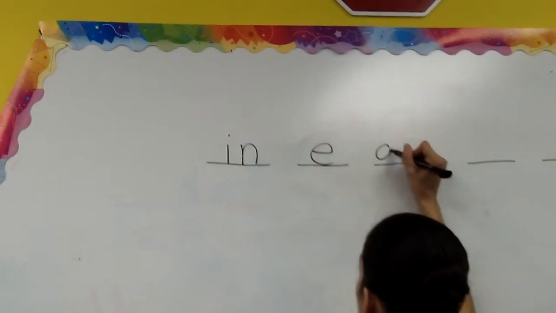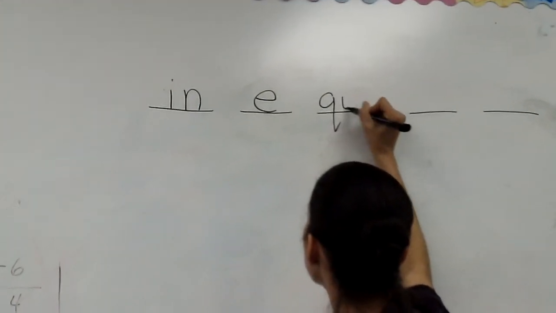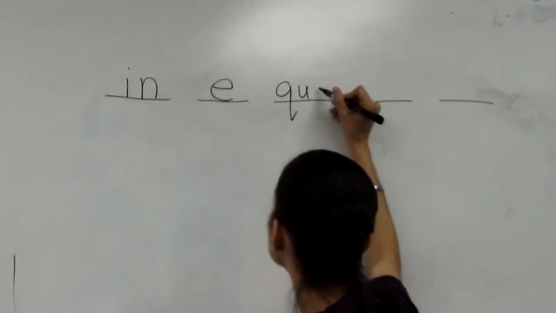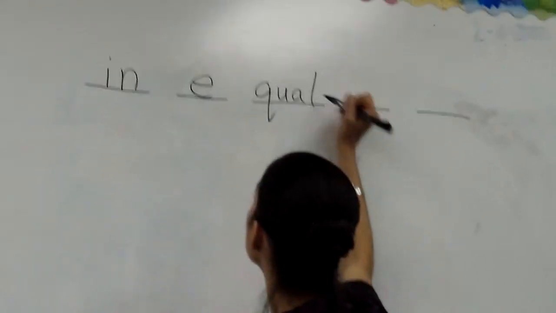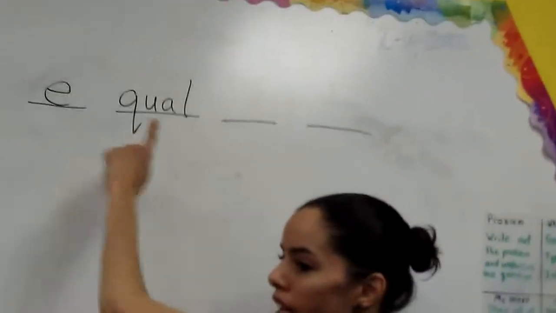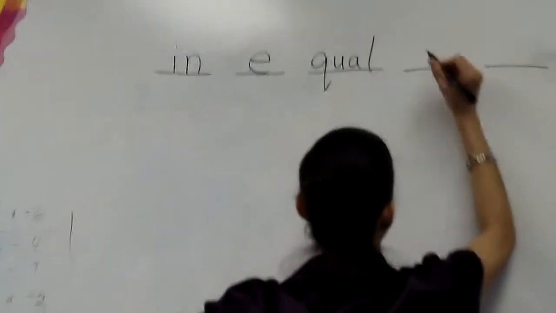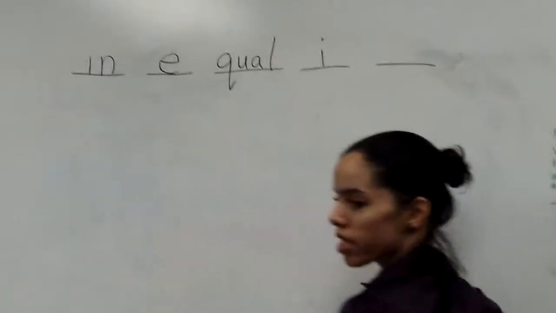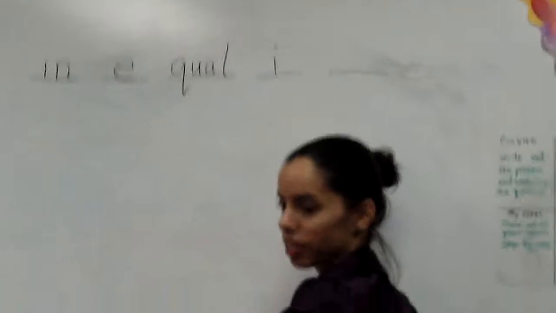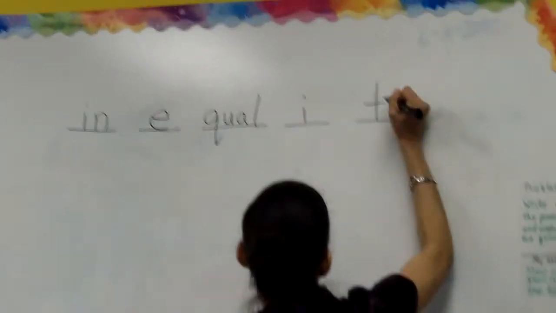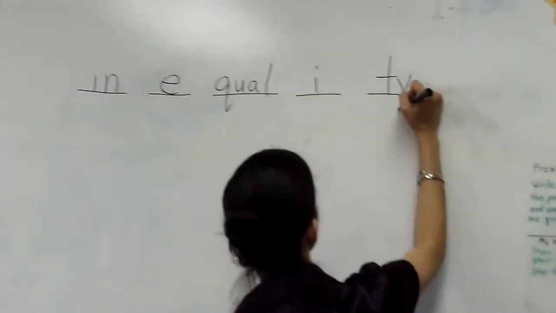What comes with the Q? U. A. L. Equal. And then the last one is T. Well, we hear the letter T, but it has a friend with it. Y. Thank you for raising your hands.